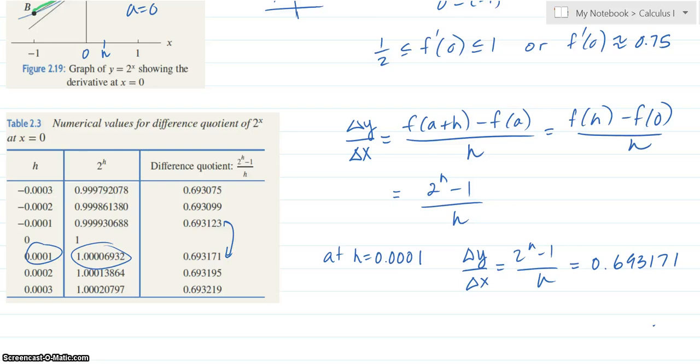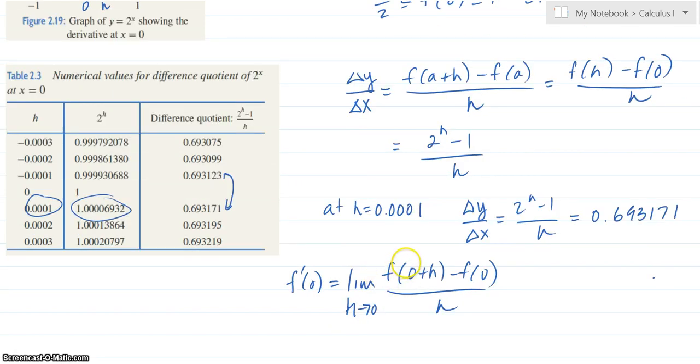It has to be that f prime of 0, which by the way is the limit as h goes to 0 of f of 0 plus h, since our a is 0, minus f of 0 over h, which we just concluded is this. And we have a table here saying that these values are equal to 0.693. So that would be the instantaneous rate of change, or the derivative, at x equals 0.